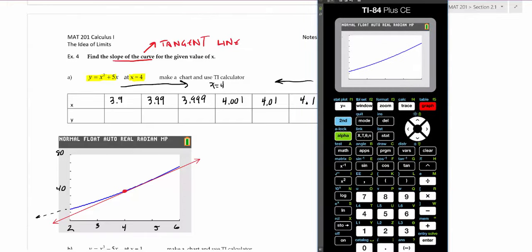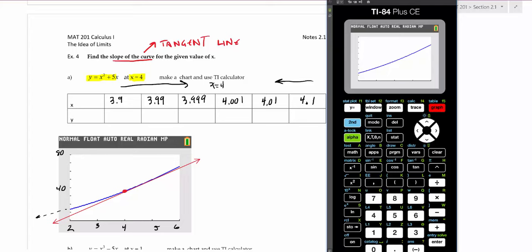Okay, so what we end up doing now is some tracing. Let's start tracing at 3.9 and recording. That's about 34.71. Go in a little closer, 3.99, which just gets closer to 4.